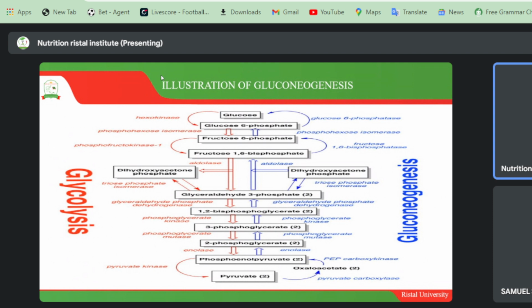As you can see, the arrows are reversible, and the blue and the red arrows are moving in opposite directions. So that clearly explains what I said before, that glycolysis is the opposite of gluconeogenesis. And where you see the curving arrows, those are the bypasses. However, the rest of the other steps have the same enzyme, same product.